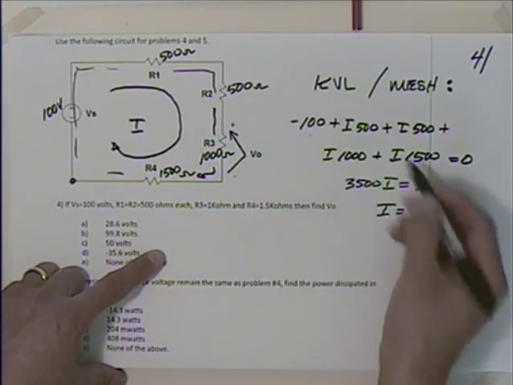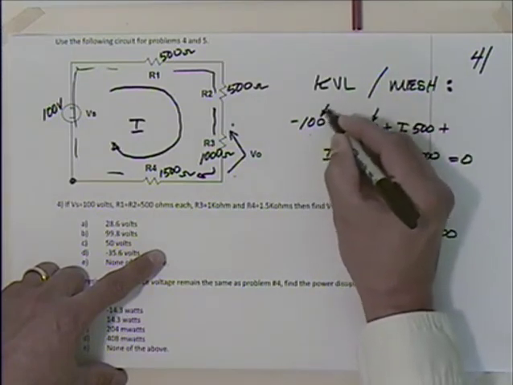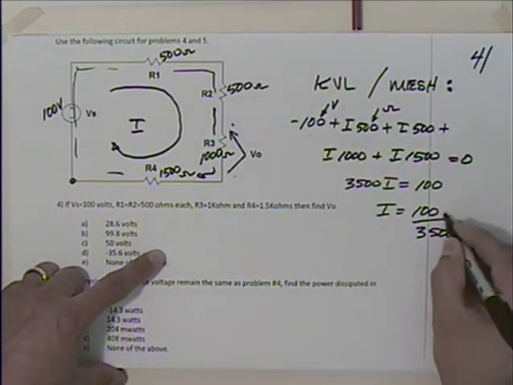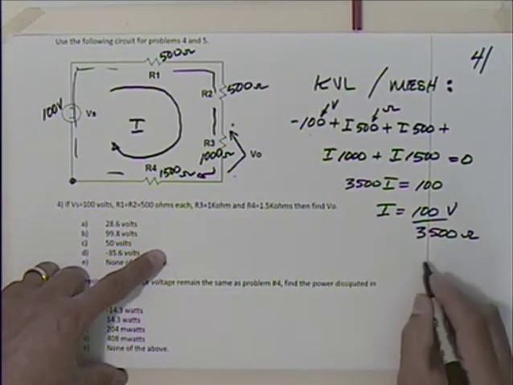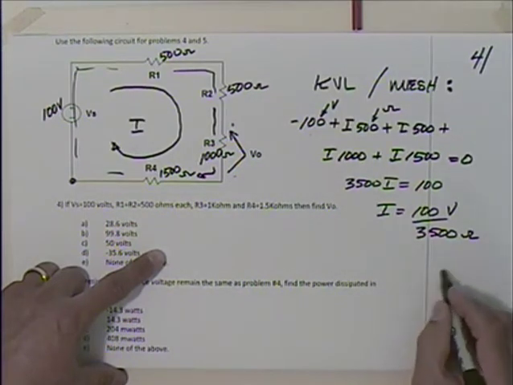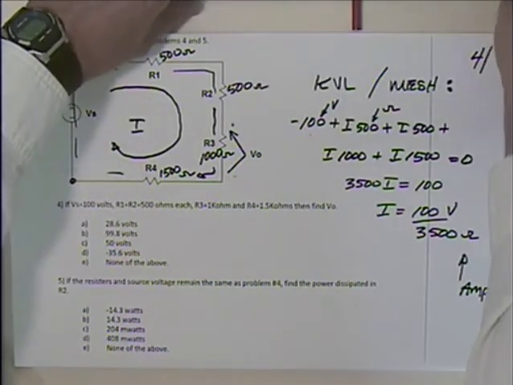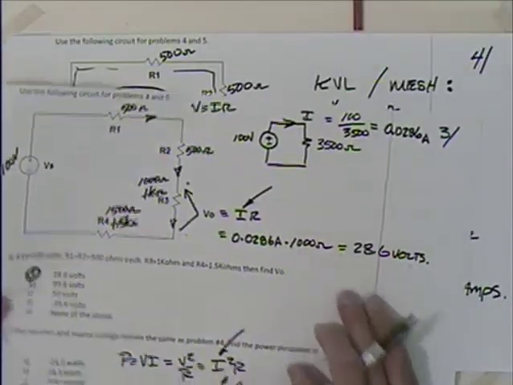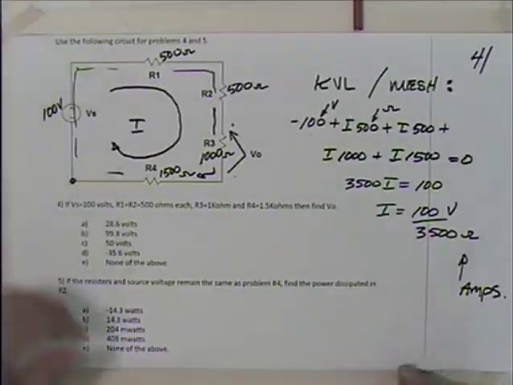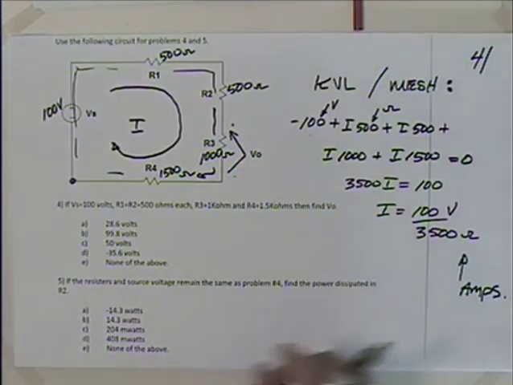This is in volts, and each one of these are ohms, so I have volts over ohms, which would give me amps, which is exactly the same thing we had back over here, 100 over 3,500. So you came up with the same answer for I and could attack the problem very similarly from there.